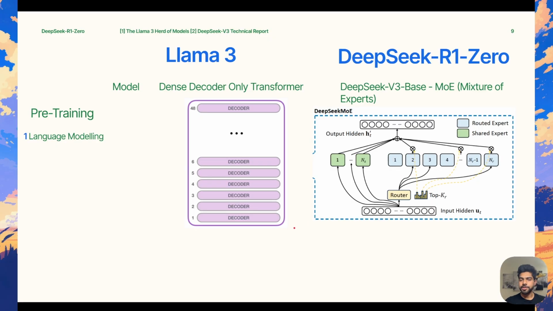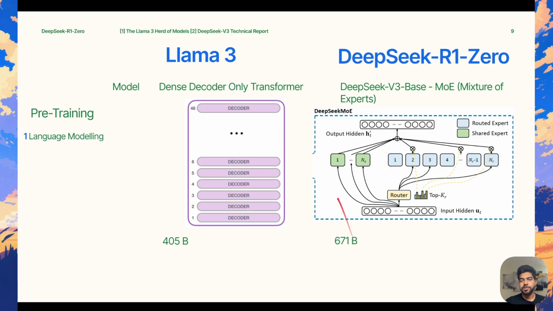What do they achieve with this? We measure the size of a model using parameters. You will see that LLaMA 3 has 405 billion parameters, whereas DeepSeek V3 base has 671 billion parameters.